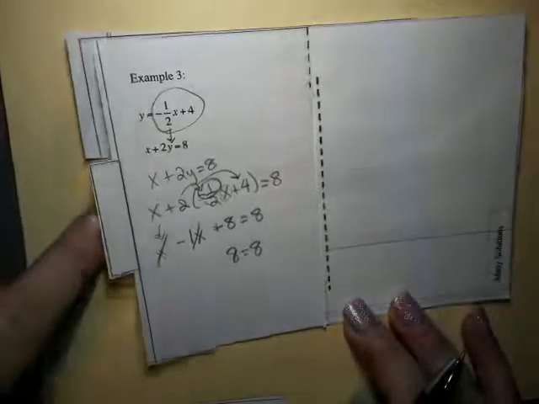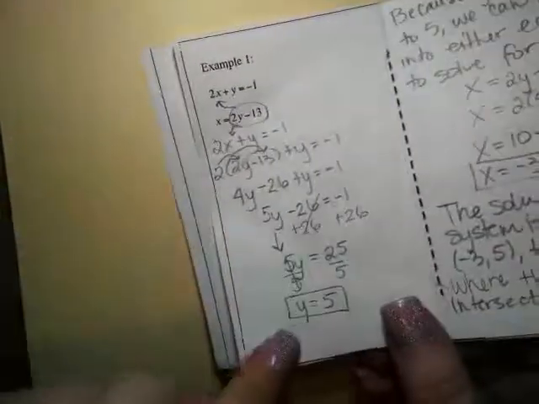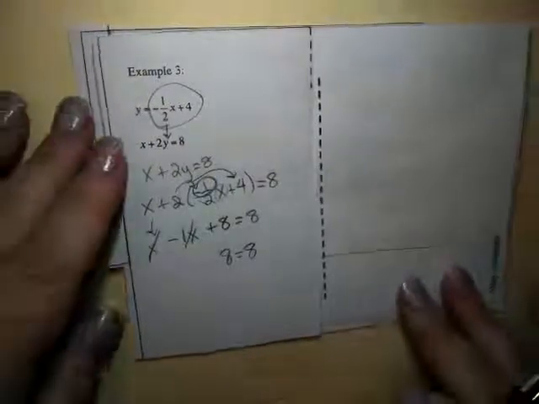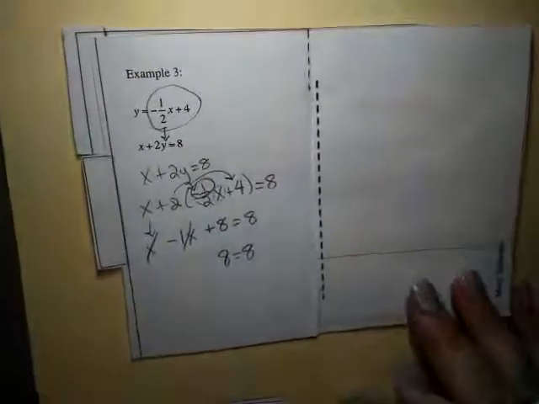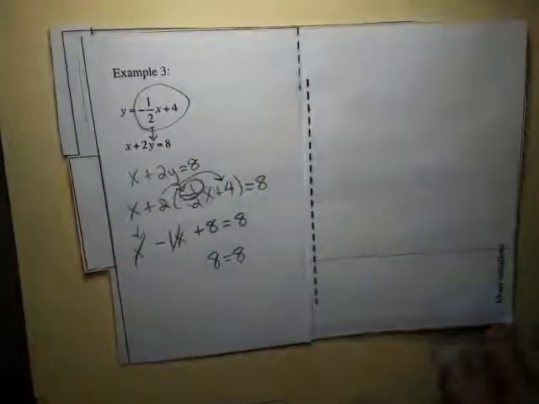So unlike the first one, we actually did not produce a statement that showed that a variable was equal to a specific number. And better than the second one, we didn't create a false statement, we created a true statement. But why exactly would that happen?